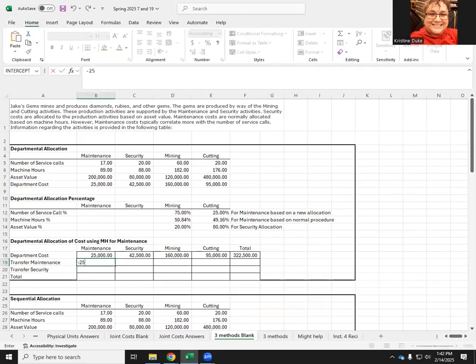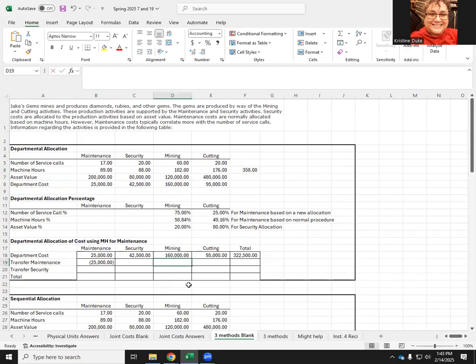It's going to be negative 25,000. Now mining here, now what does maintenance? Now they tell us to do machine hours, but maybe I'll do service calls, but I think we're doing machine hours. Let's see if it turns out nice and pretty. I'm going to look here and I see my machine hours is 182 for mining and 176 for cutting. What's the total of that? 358.